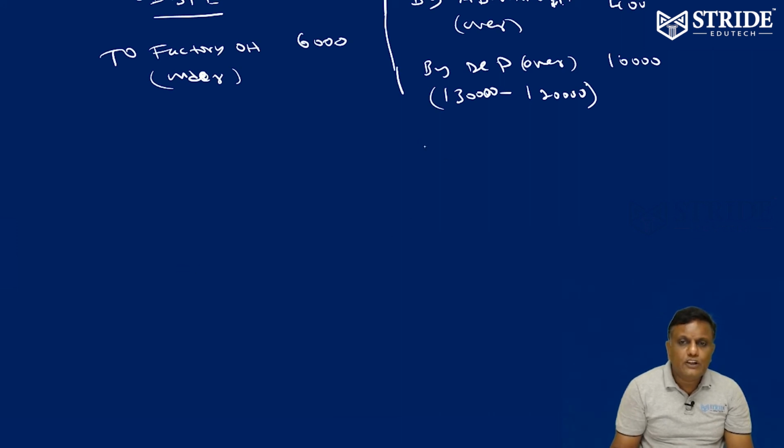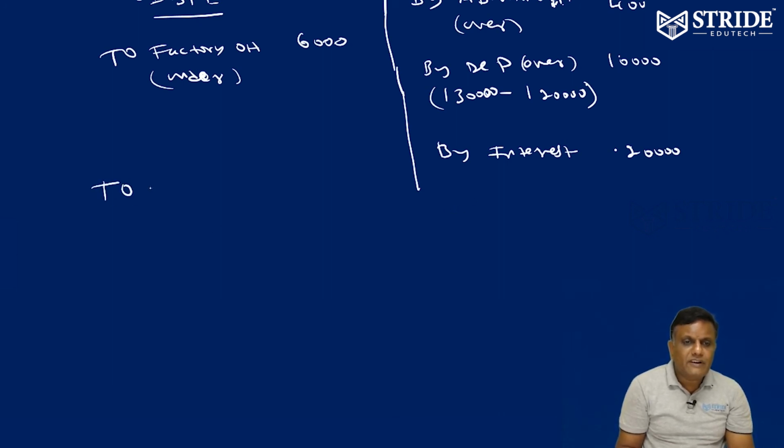Interest and investment is not included in cost, it is purely financial income. So interest on investments, purely financial income, amount 20,000. Next, income tax provided, this is purely financial expenditure. Appropriation of profit, we have to appropriate profit and pay to the government. Income tax 1,20,000.